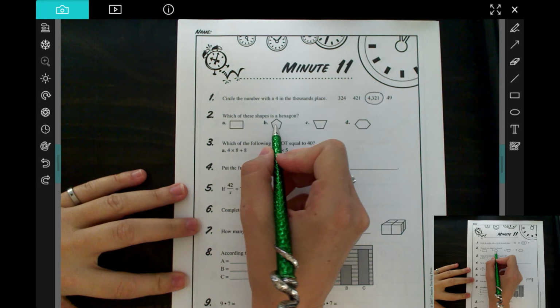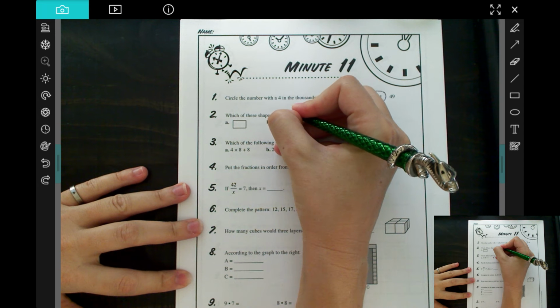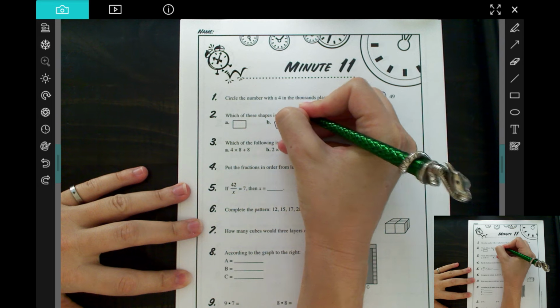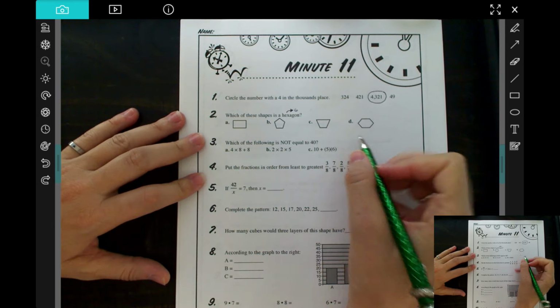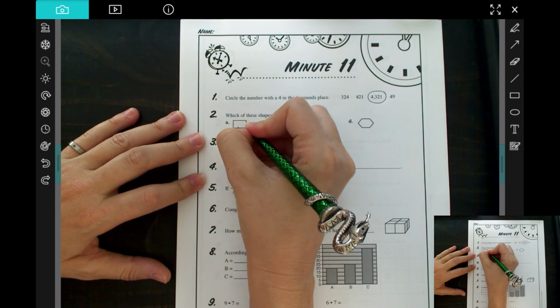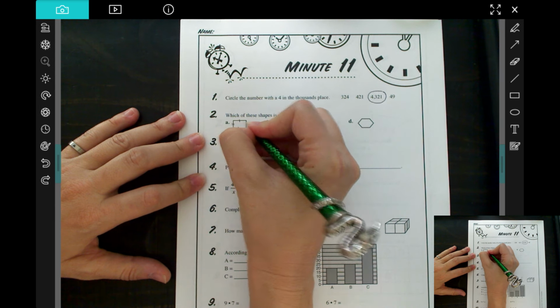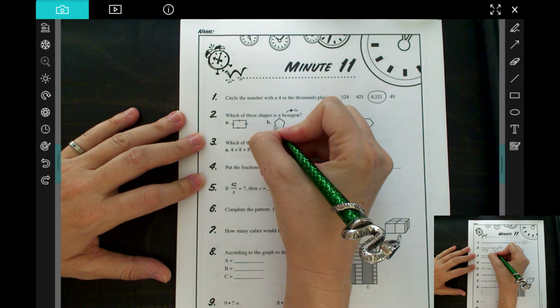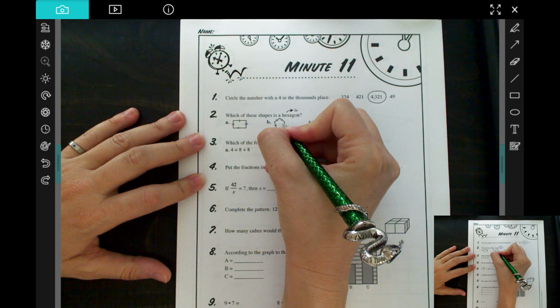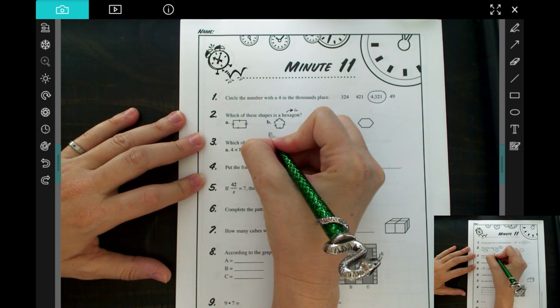Which of these shapes is a hexagon? I have to remember that hex means 6, so I'm going to look for the shape that has 6 sides. I have 1, 2, 3, 4. Over here I have 1, 2, 3, 4, 5. So this is a pentagon.